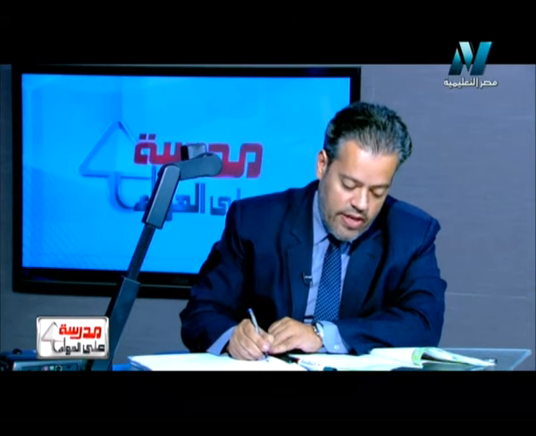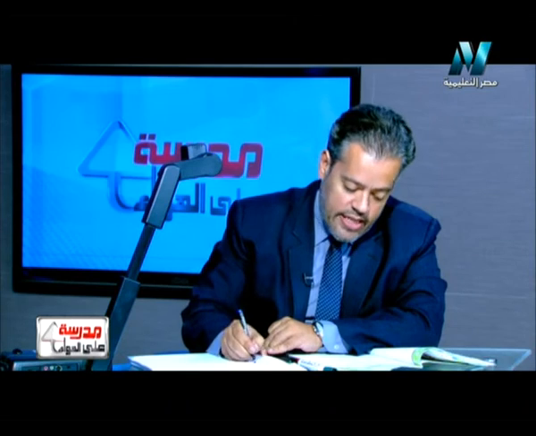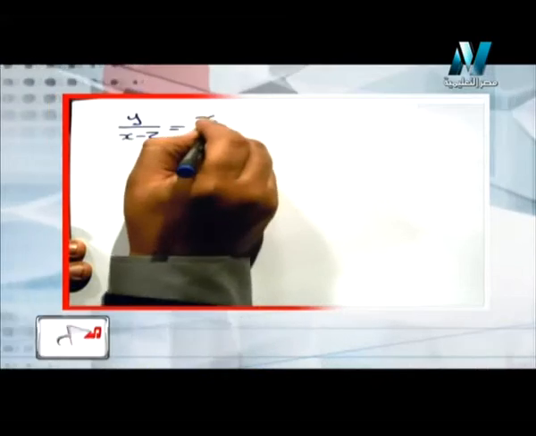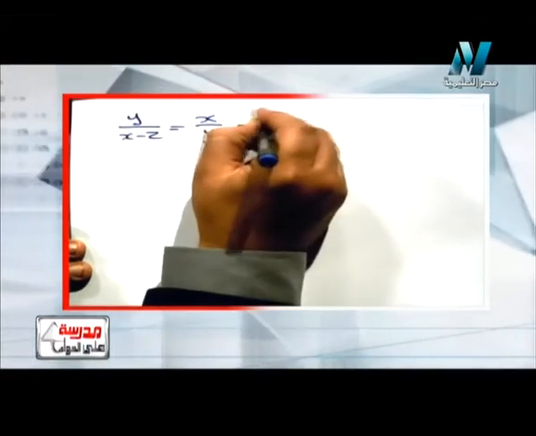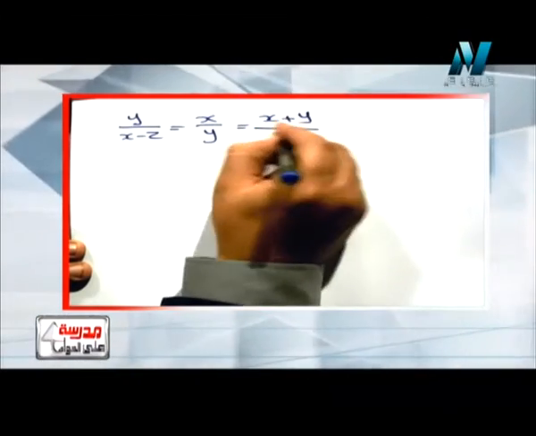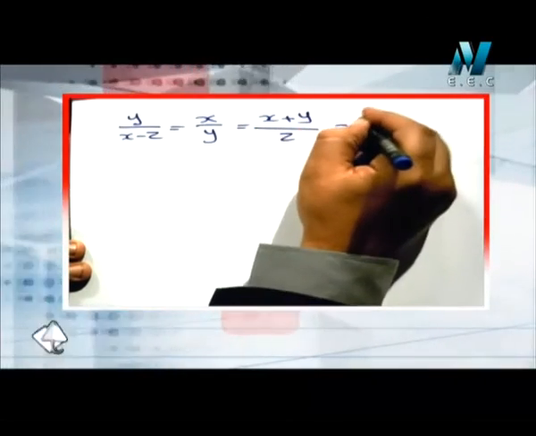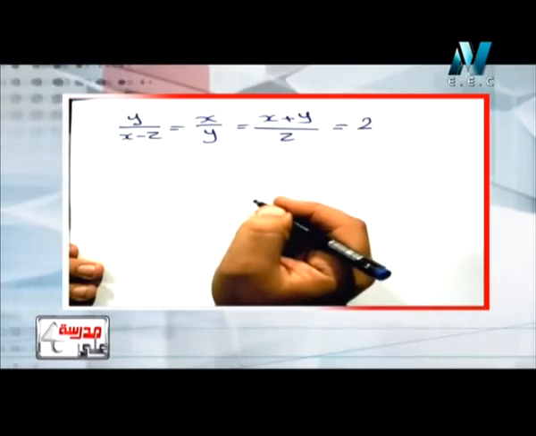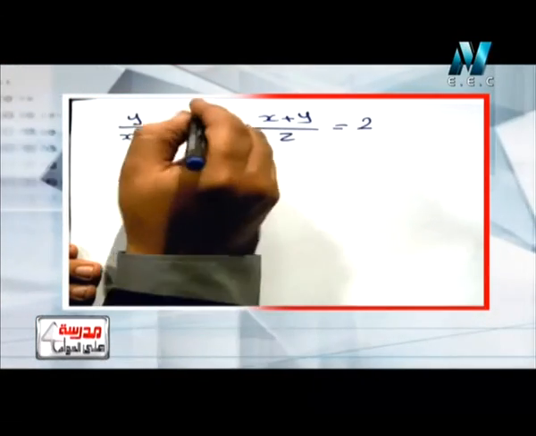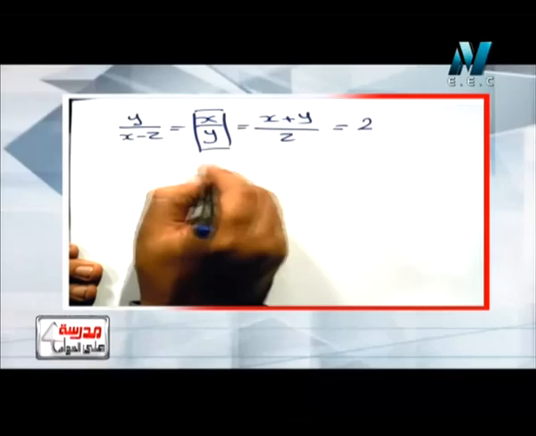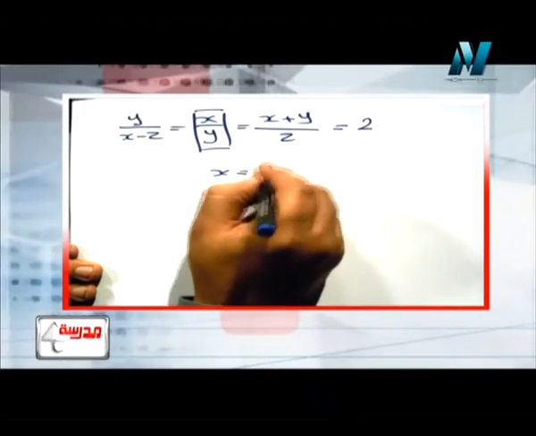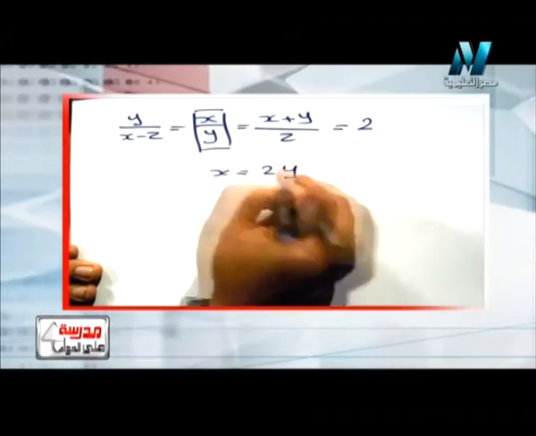Now, for the second required, find x to y to z. As we see, we have y over x minus z equals x over y equals x plus y over z, and this equals 2. So this means, for example, for this one, I can write that x equals double y.